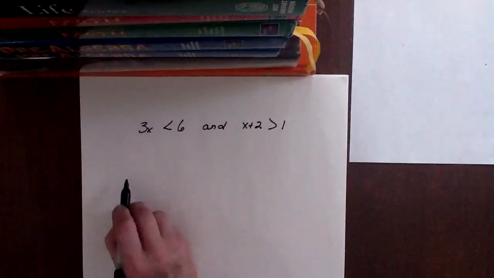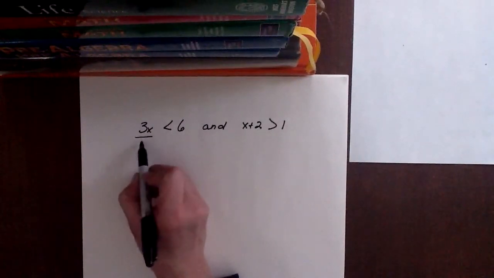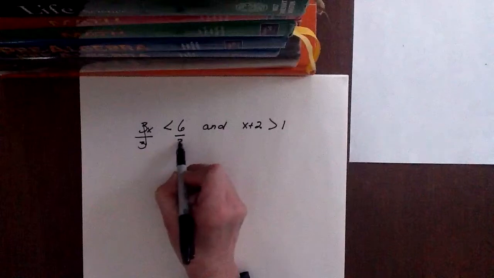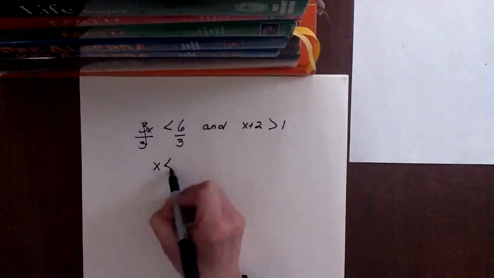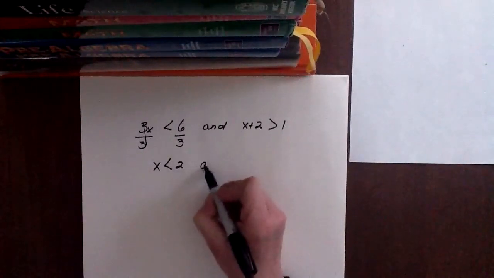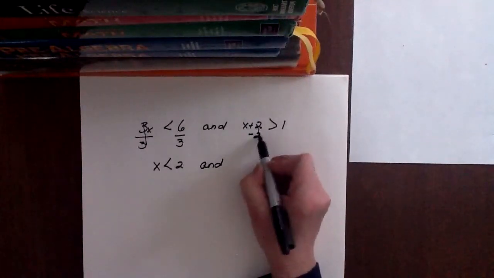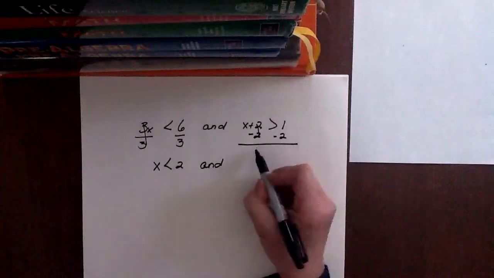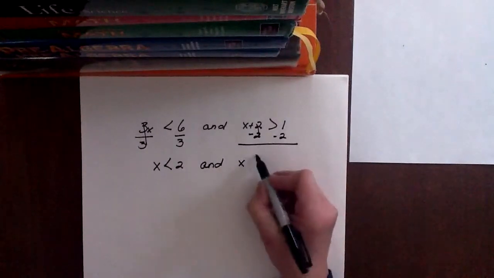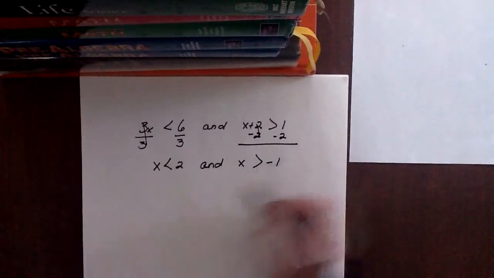To solve this inequality, the first thing we would do is divide both sides by 3. We'd come up with x is less than 2. For the other, we would subtract 2 from both sides, and we would come up with x is greater than negative 1.